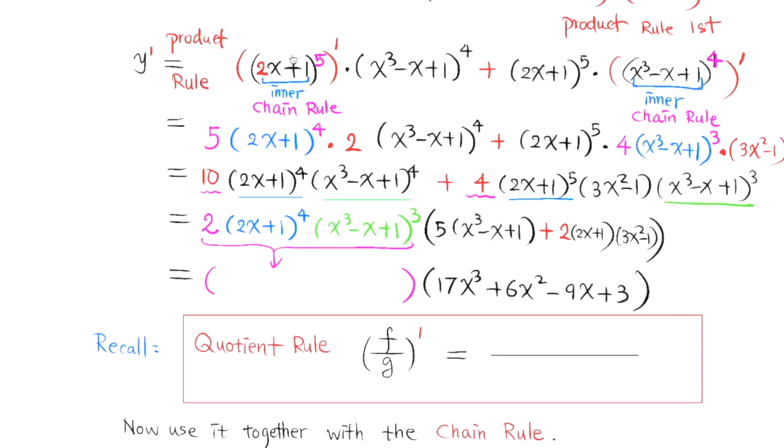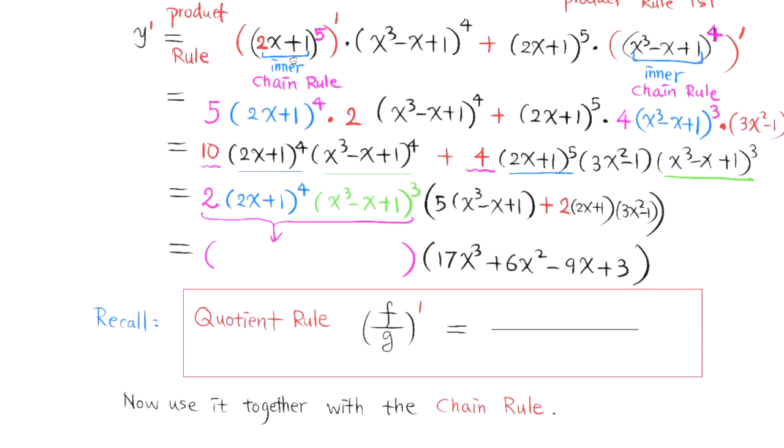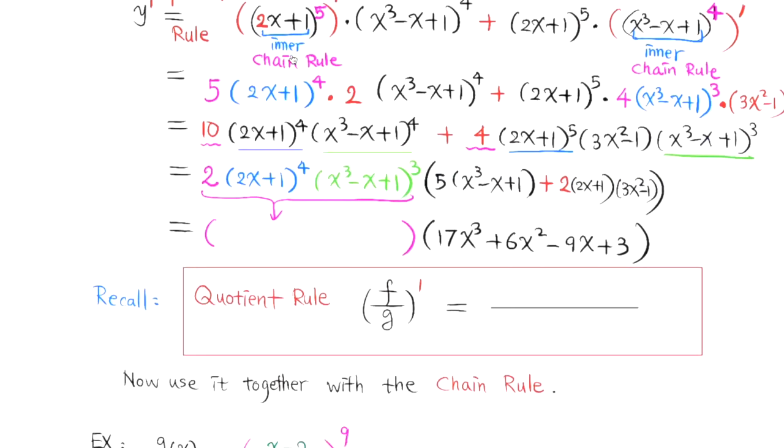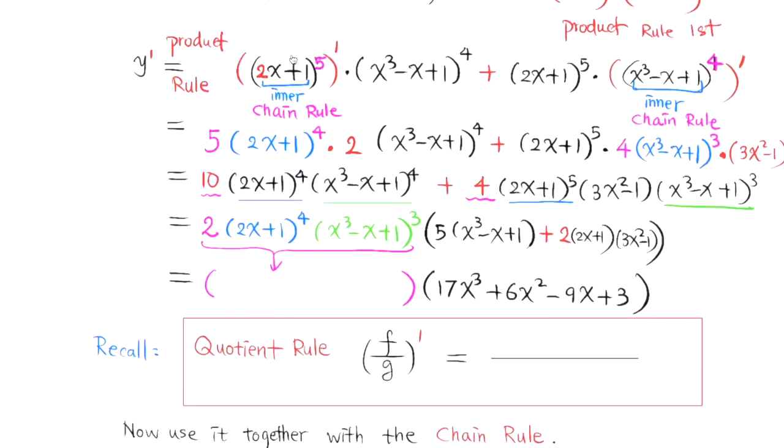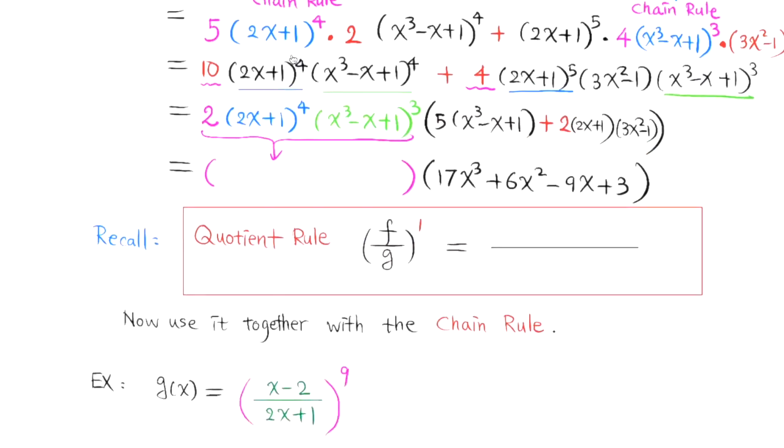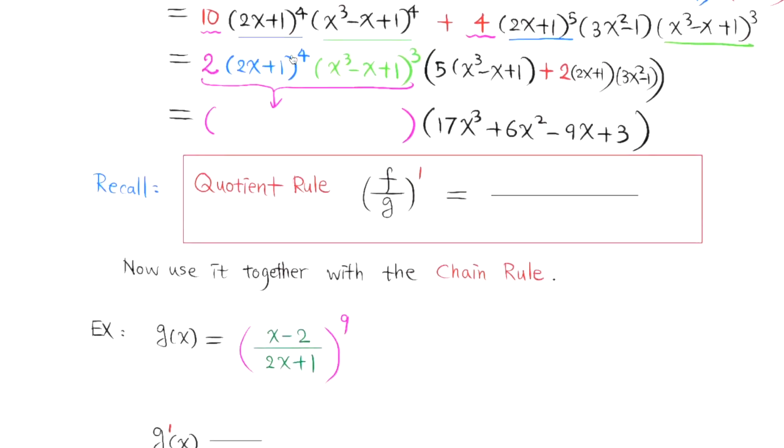So do the algebra. All right, so that's how you do it. After you use the product rule here and the chain rule here and here, you can take out the common factor in front and simplify the inside of the parentheses. So that was using the product rule together with the chain rule.